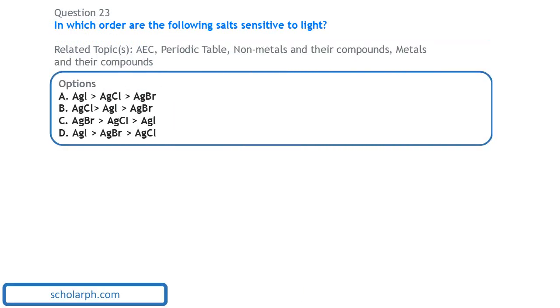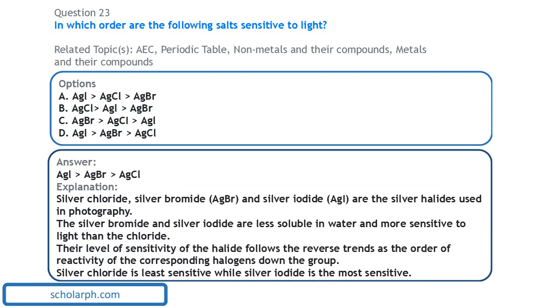Next, in which order are the following salts sensitive to light? The options there are from the highest to the lowest. Silver chloride, AgCl, silver bromide and silver iodide are silver halides that are used in photography.